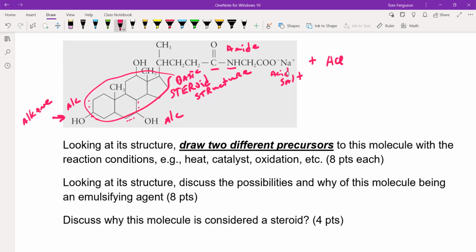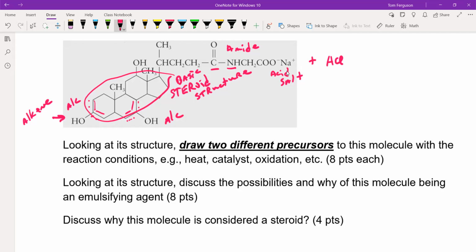So we'd have this whole thing, only instead of an OH here, we'd have an alkene over here, or over there, plus water to yield these alcohols.